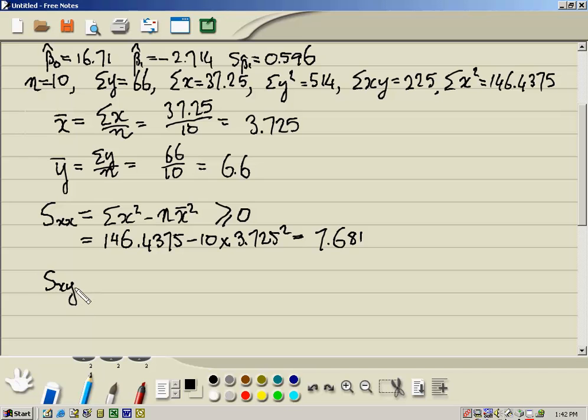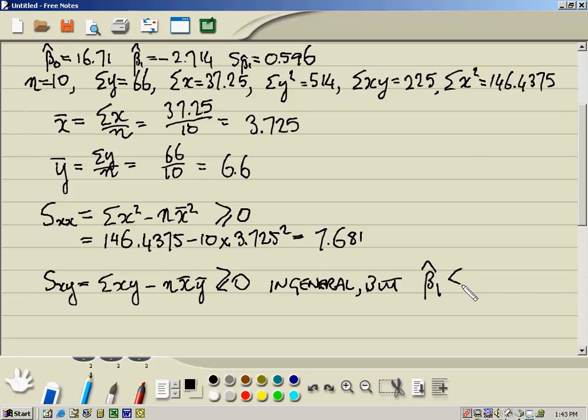Next, let's do the sum of squares of xy, which is sigma xy minus n times x bar y bar. This could be either positive or negative in general. But in this case, we're already told what beta hat 1 is, and beta hat 1 is negative. So the sum of squares of xy has the same sign, and it'll also be negative.